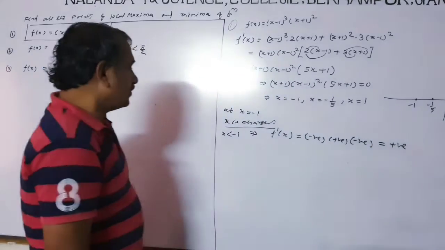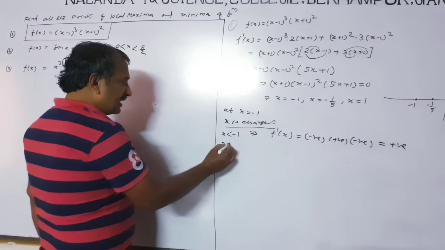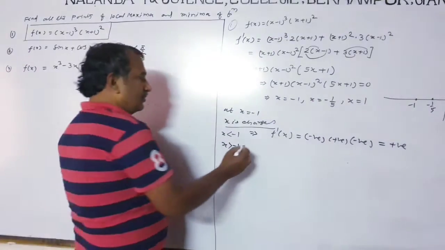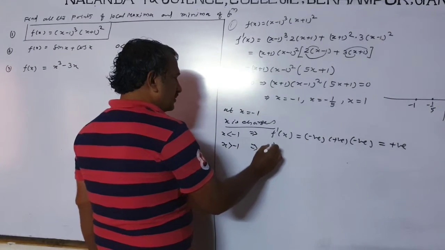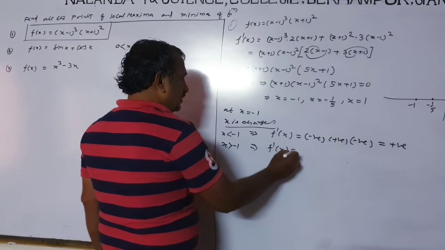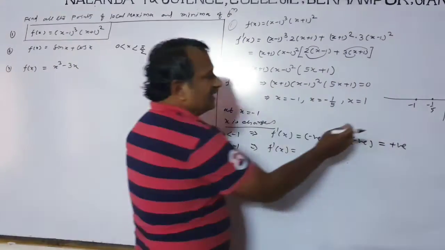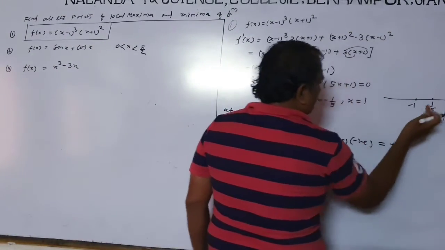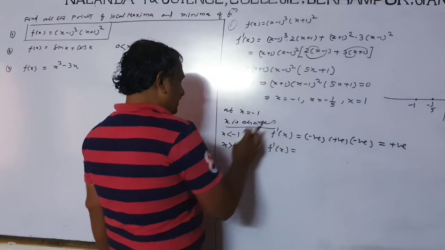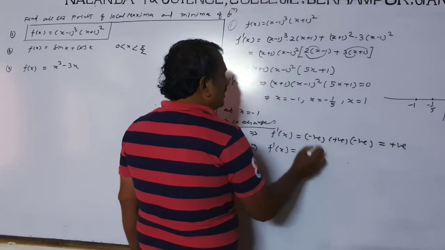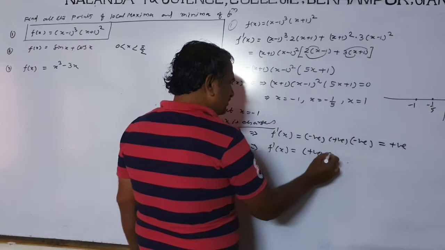When x is greater than -1, so what is the f dash x? Greater than -1 means between -1 and 1.5, so this is positive. The square is always positive.